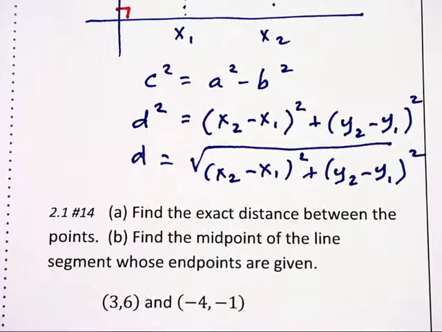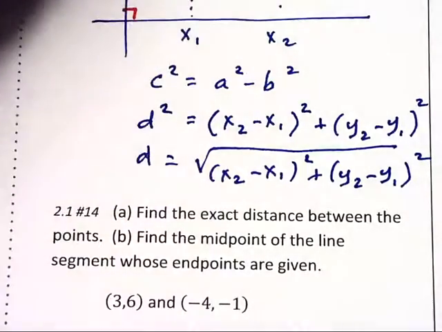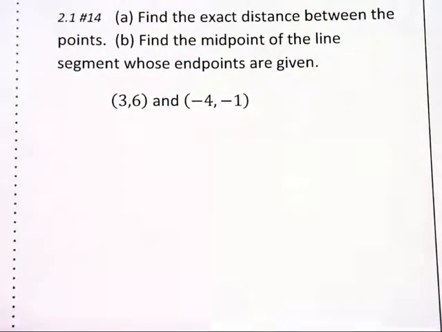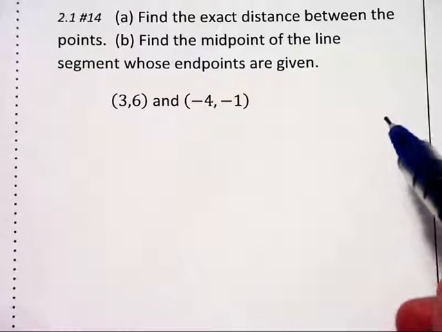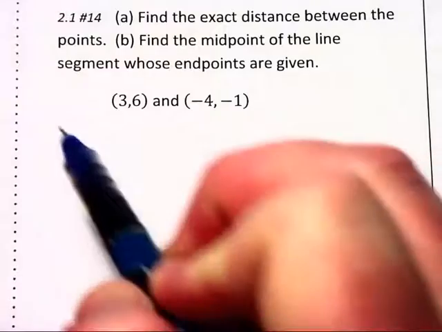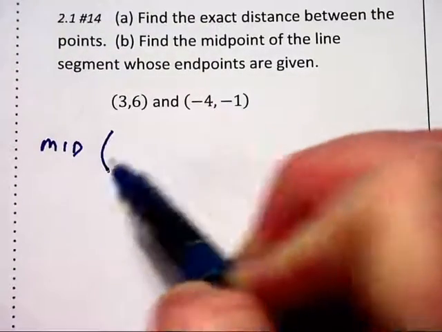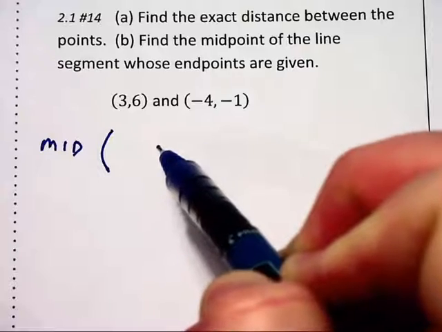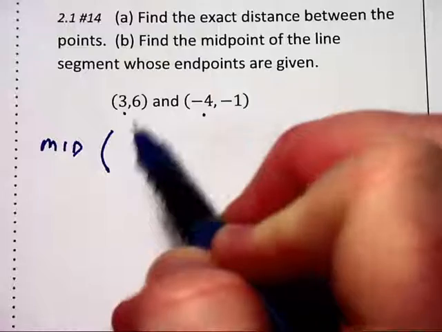Now, when it comes to finding the distance and the midpoint between 2 points, I find it easier to use the Pythagorean theorem than to use that formula. For example, let's start with the midpoint. The midpoint is just the average of the x's and the average of the y's. So the x values are 3 and negative 4.